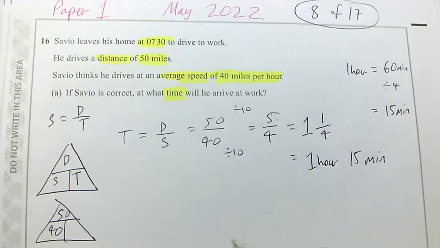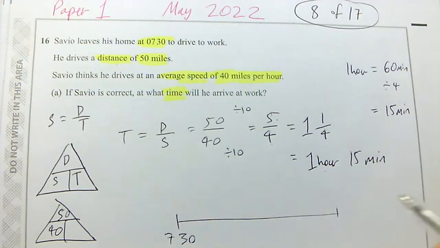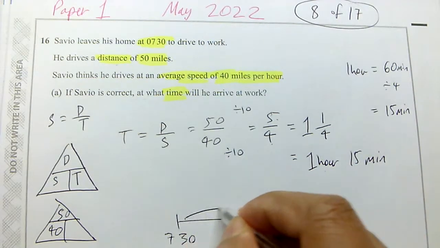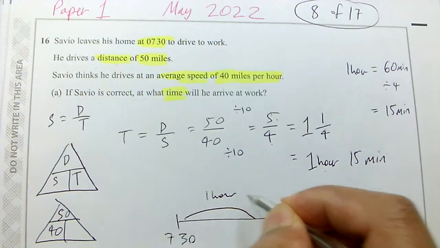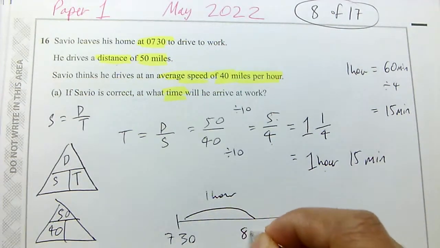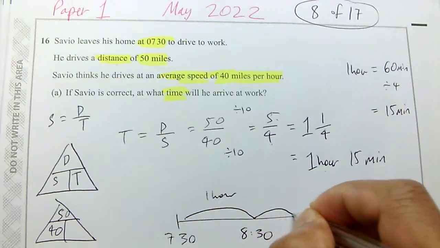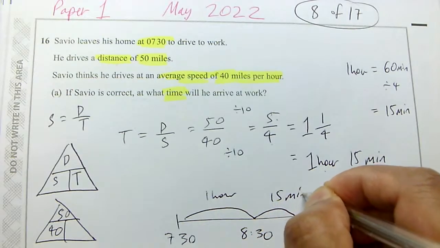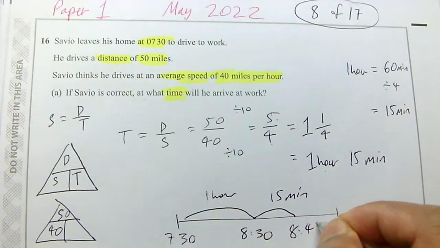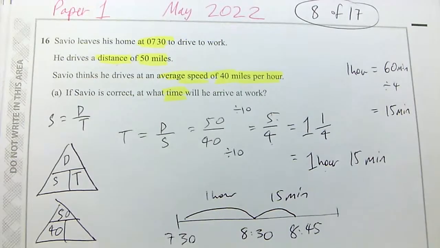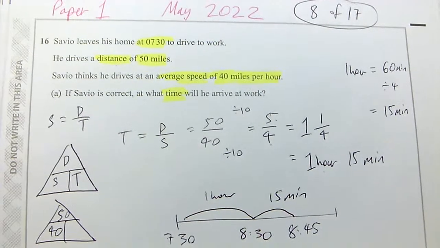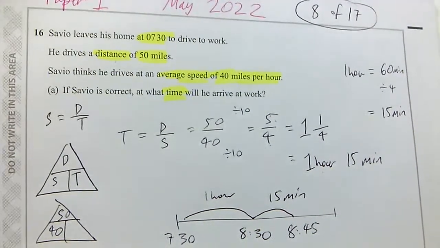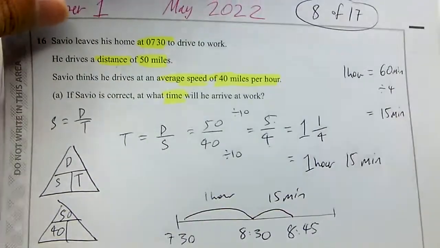I start at 7:30. I'm going to add 1 hour. So that makes it 8:30. And I'm going to add 15 minutes. So that makes it 8:45. And so my final answer is going to be 8:45.